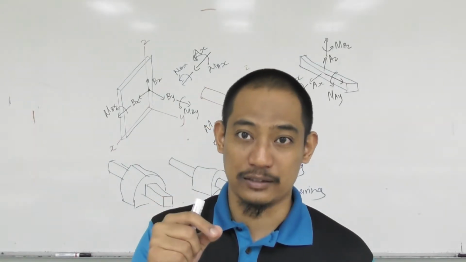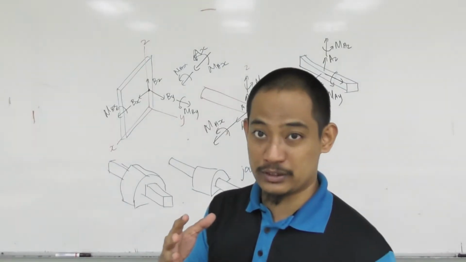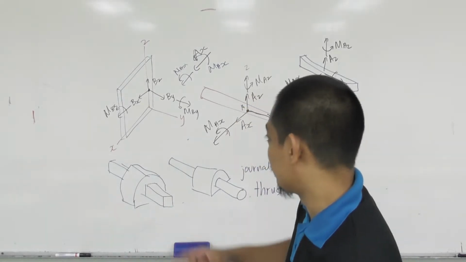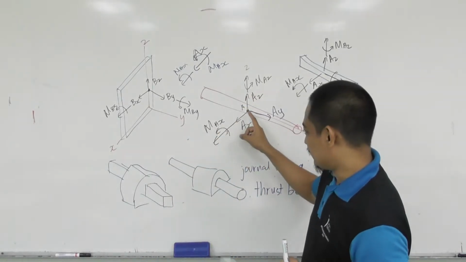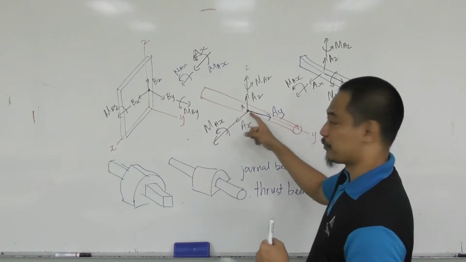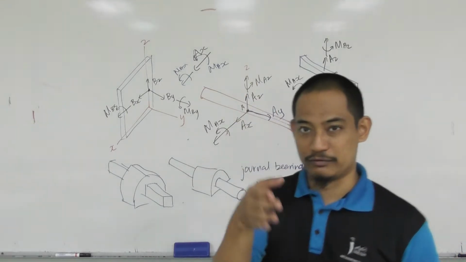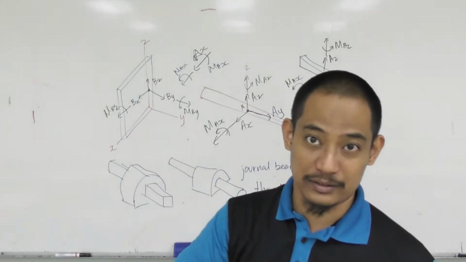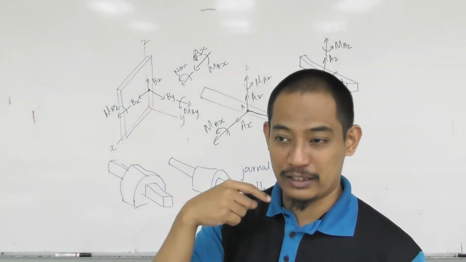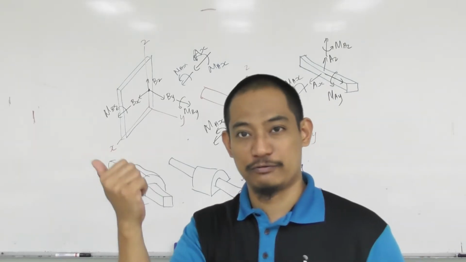My suggestion is always draw everything in the positive direction. Assume everything positive, because this is positive x, positive y, positive z, right? So I always draw AX, AY, AZ in the positive direction, so that when I calculate until the end, if it's negative, then I know for sure it's in a negative direction.